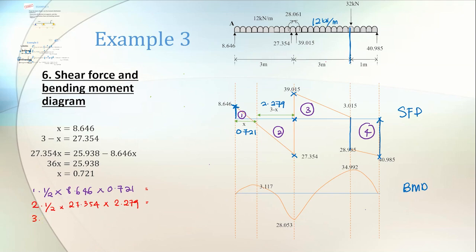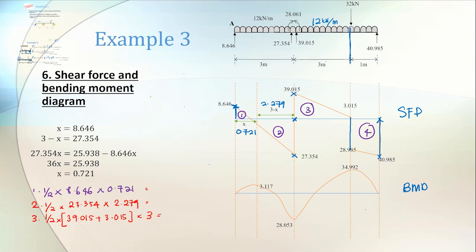So for a trapezium, you calculate like a trapezium, 1/2 times 39.015 plus 3.015 times the width, which is 3 meter.